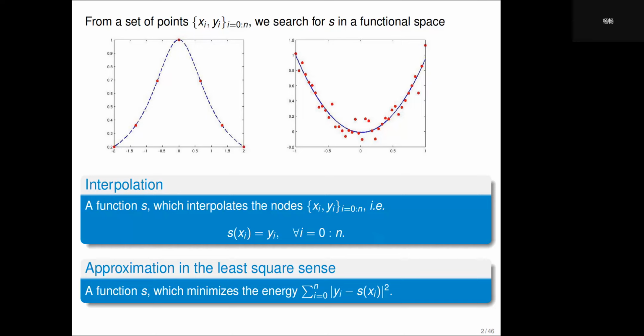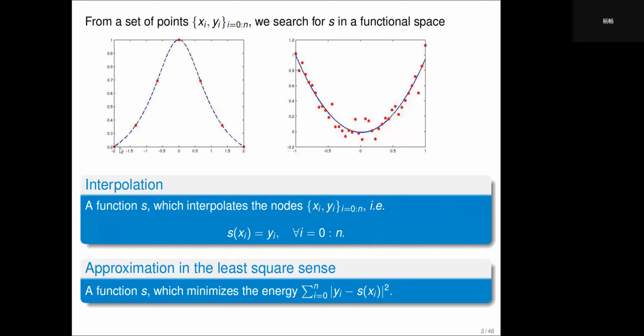There are two ways. The first way is called interpolation, as you see in the first block. That means you have the data, and we want to find a very simple function that will pass through all this data.